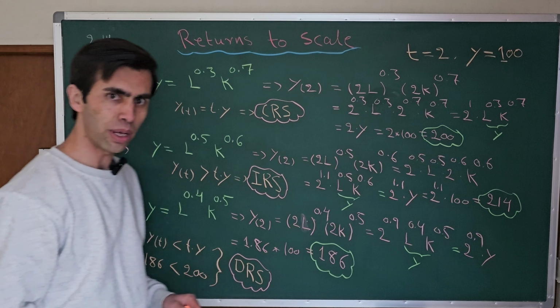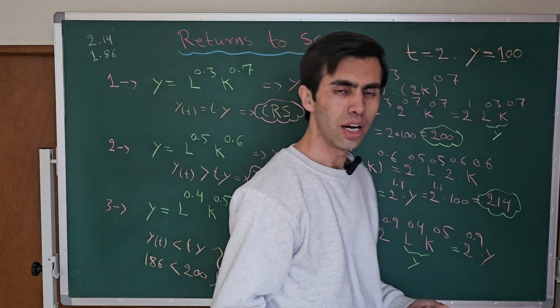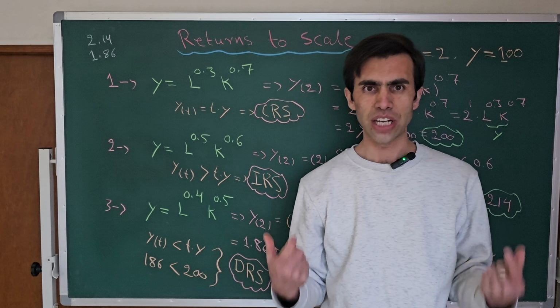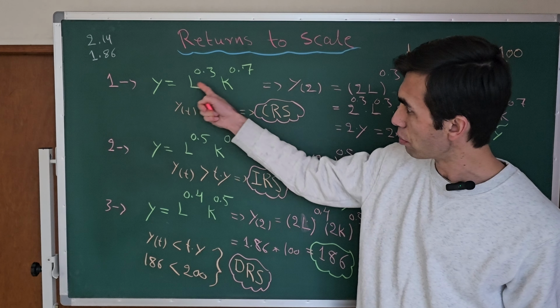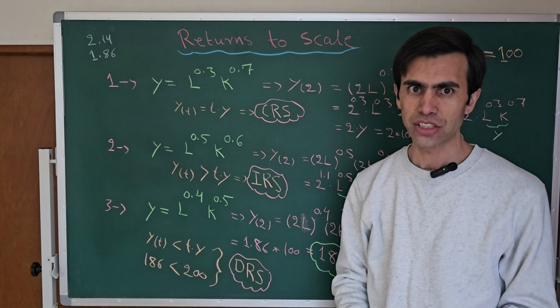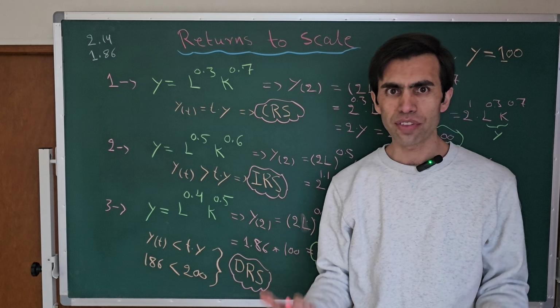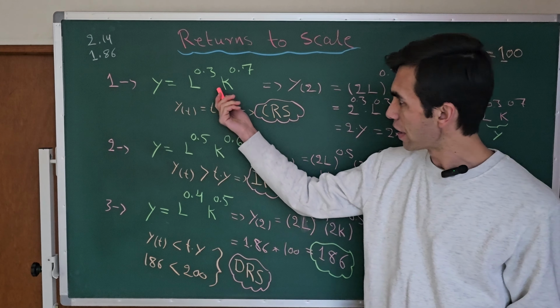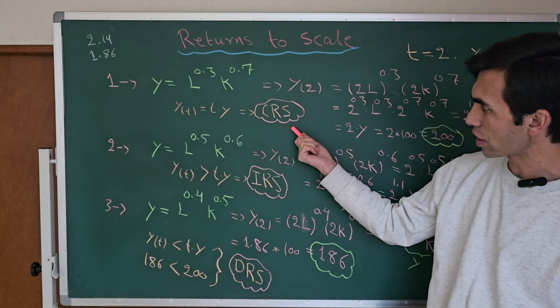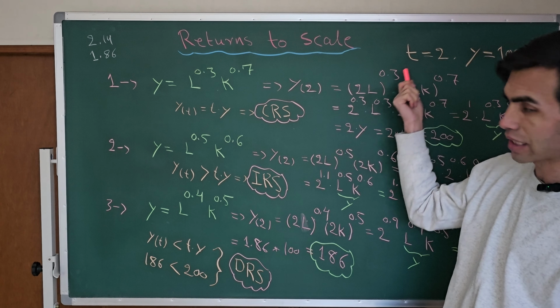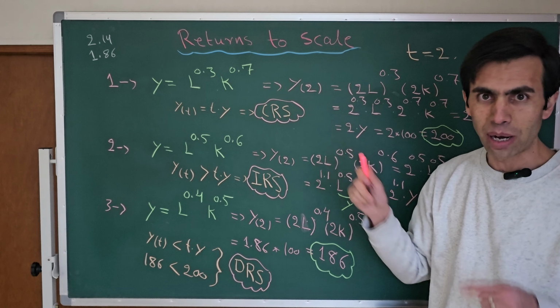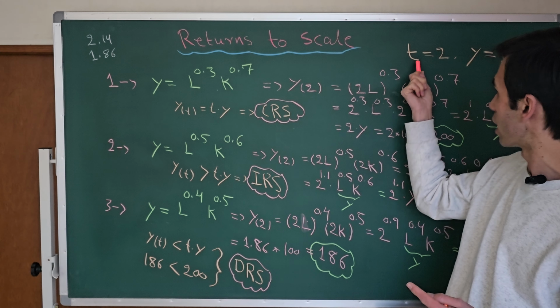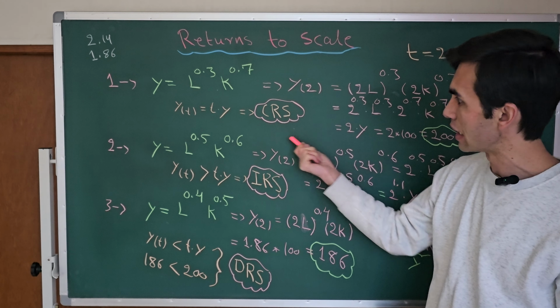So in this example, we worked on the concepts of return to scale based on 3 numerical Cobb-Douglas type production functions, each of which exhibits a different type of return to scale. The first one is an example of constant return to scale because output increased exactly by the amount of the scalar: we scaled by 2, so output increased by 2.